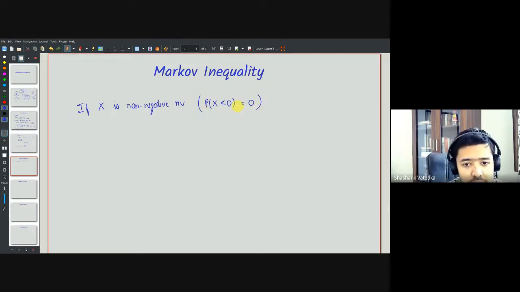Okay, so if X is a non-negative random variable and it has a finite expectation, so if the expected value of X is equal to some number mu, then the following holds.